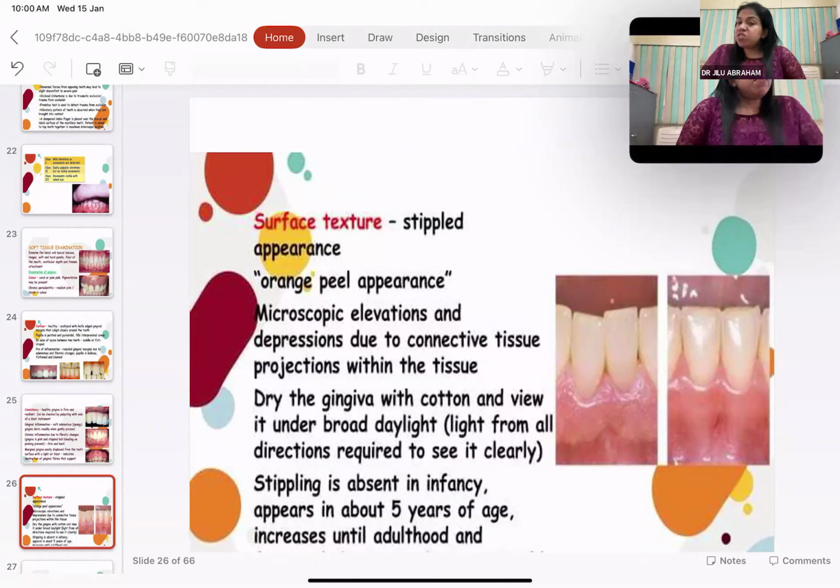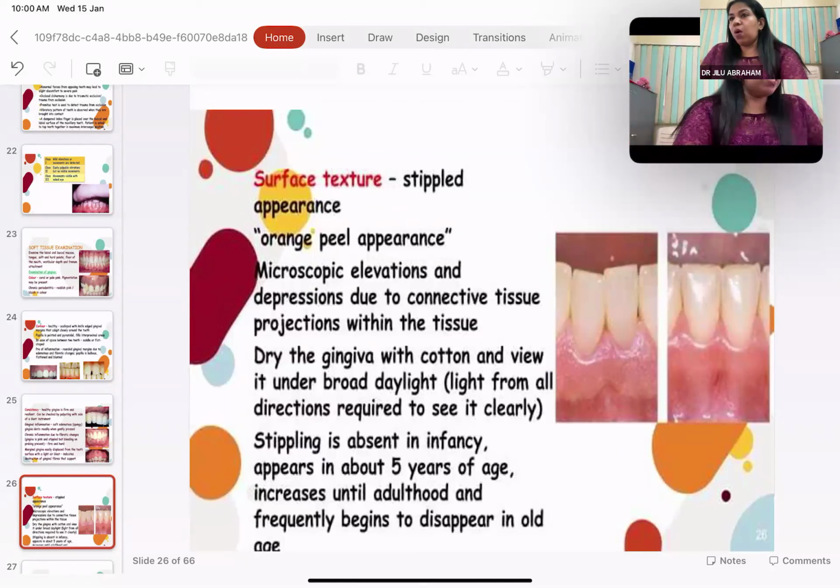And coming to the surface texture, the surface texture of the gingiva is most commonly stippled in appearance, the orange peel appearance. But in some cases, like inflammation, either this stippling will be reduced or it will be completely absent. So we have to note whether the stippling is present or not. The stippling starts appearing in the oral cavity from the age of 5 years, increases until adulthood, and starts to disappear in old age.